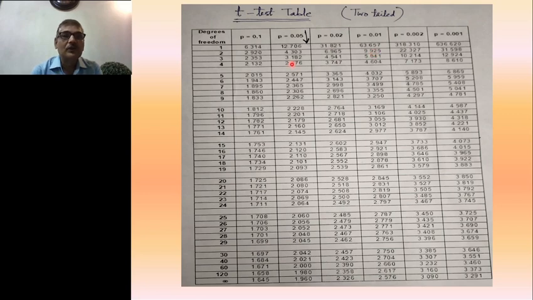Now here you can see that if there is a degree of freedom, suppose 9, then at 5% level this value is 2.262. So this value will be used over there. So in this way we can decide this T value at 5% level for a specific MSW.